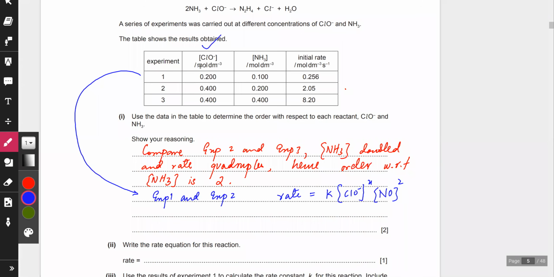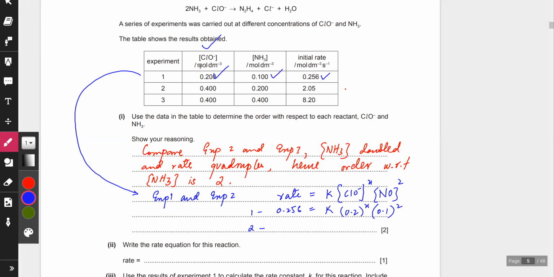If I substitute values for experiment 1, the rate is 0.256. K, I'm not sure. ClO⁻ concentration is 0.2, but that's to the power x. And NO's concentration is 0.1, and that's raised to the power 2. That's experiment 1.